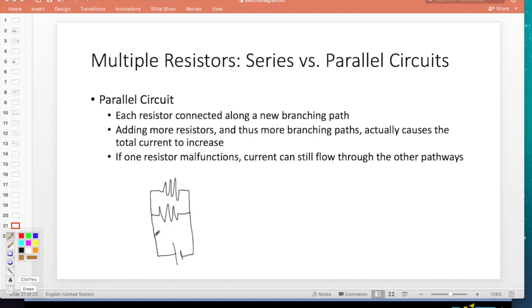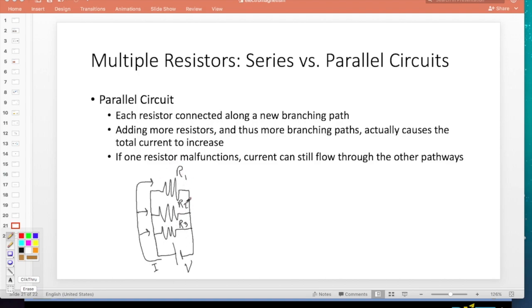Here's another resistor, and then here's my third resistor. You can see, so V, R1, R2, R3. My current now has basically three pathways to flow down. It can flow down the path of R1, it can flow down the path of R2, it can flow down the path of R3.